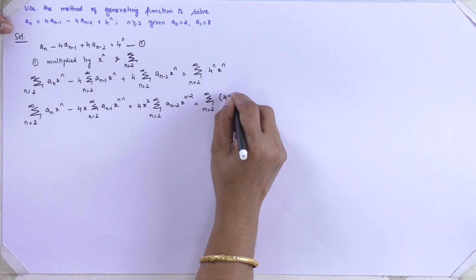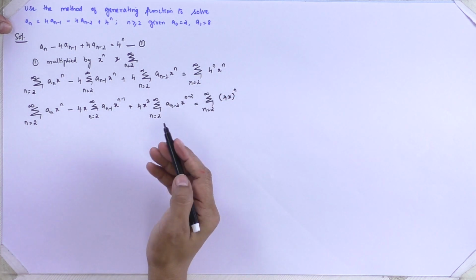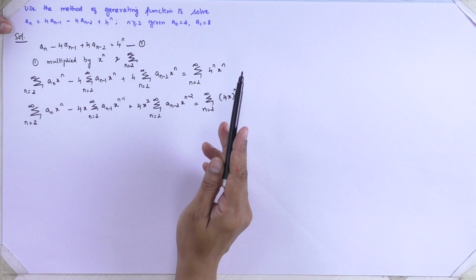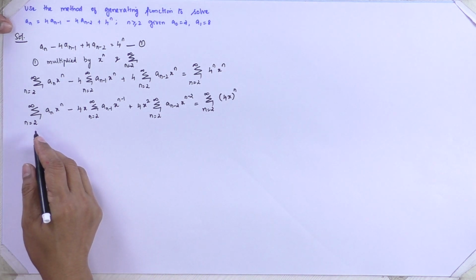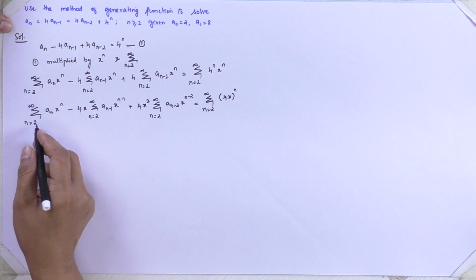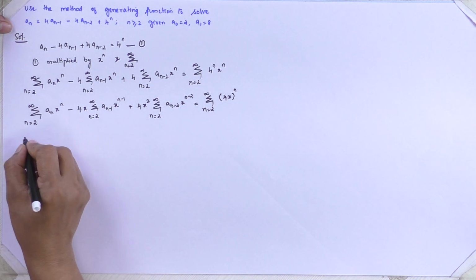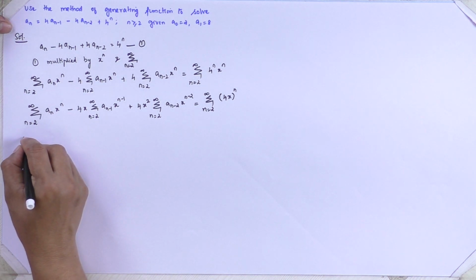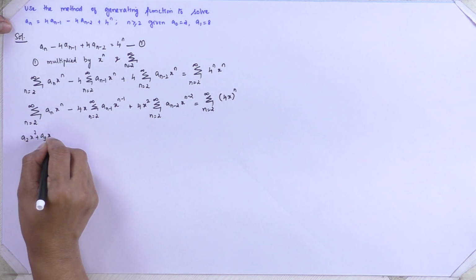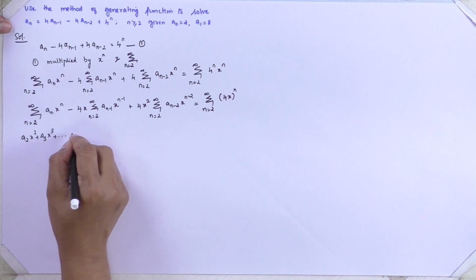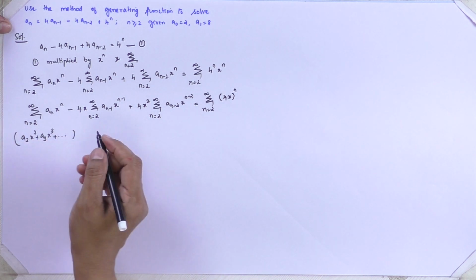I can write this as 4x the whole power n, since the power of both the terms is n over here. And now let me use my generating function. Even before I use the generating function, I will substitute n as 2 to infinity here. When n is equal to 2, I get a2x square plus a3x cube plus so on till infinity.